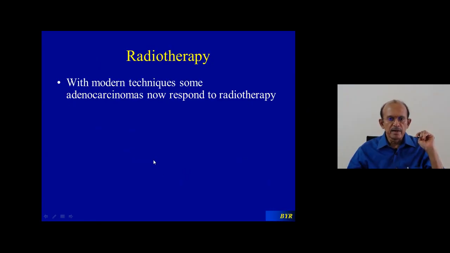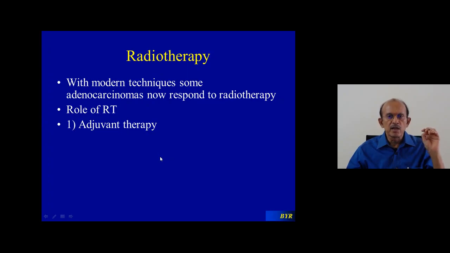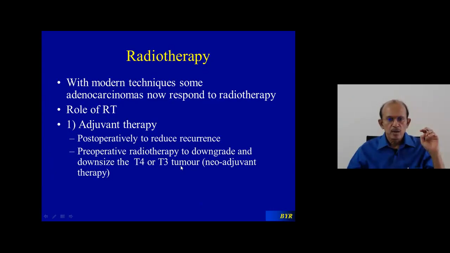Radiotherapy with modern techniques: some adenocarcinomas now respond to radiotherapy. Role of radiotherapy as adjuvant therapy means following surgery, you give radiation to prevent recurrences at the site of operation. If you give radiotherapy before surgery, that is to downgrade and downsize the T4, T3 tumors.